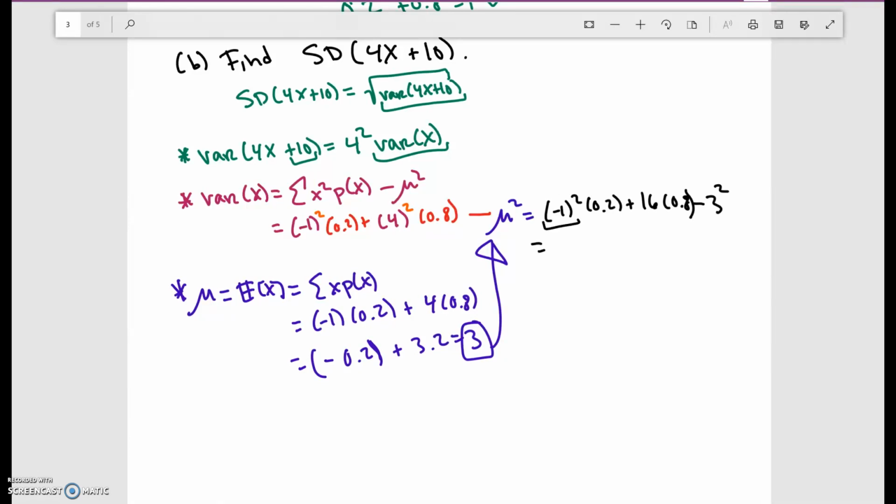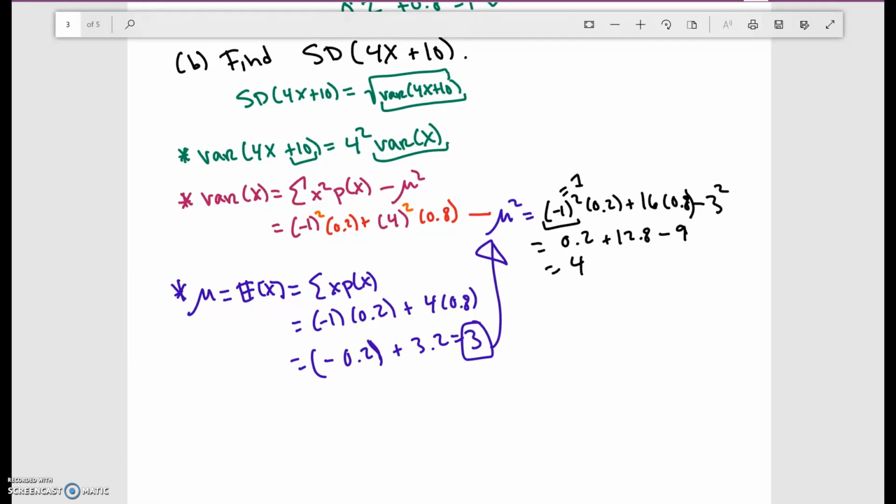Notice -1 squared is equal to 1, so this is 0.2 plus 16 times 0.8. 16 times 0.8 is 12.8, and 3 squared is 9. So I take 0.2, add that to 12.8, minus 9, and that gives me 4. So I got a variance of 4.